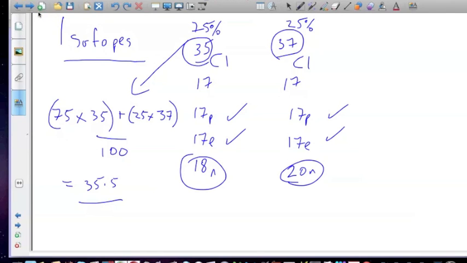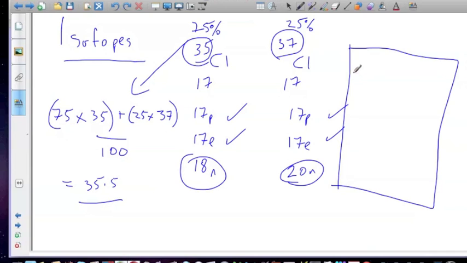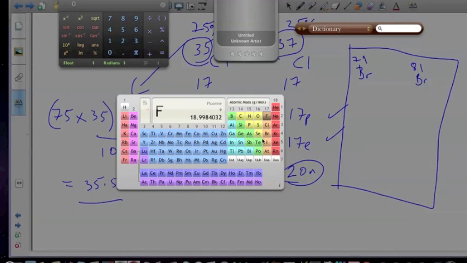So a little problem for you. I won't get you to calculate stuff out, although you could. Oh yeah, why don't I do that? I'll give you a little calculation problem. Bromine is a good one to do. Bromine has two isotopes, bromine 79 and bromine 81. But let's look at the periodic table. Here's bromine. It has a relative atomic mass of 79.9.